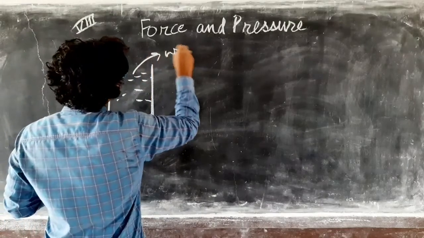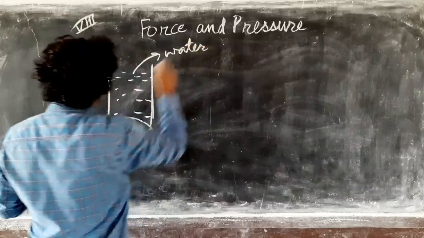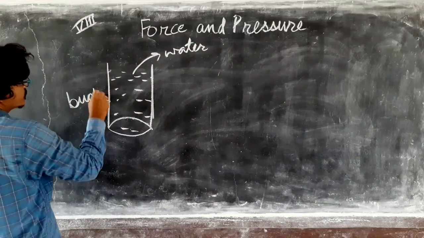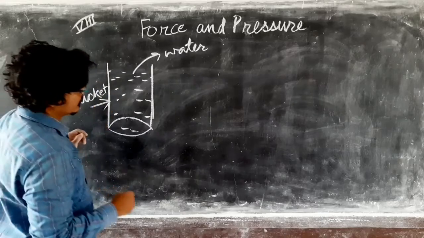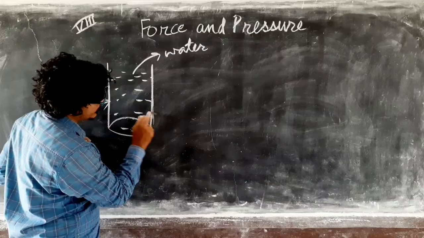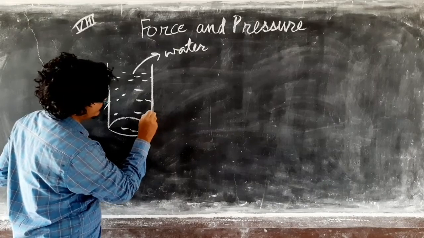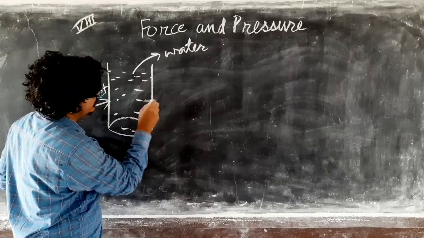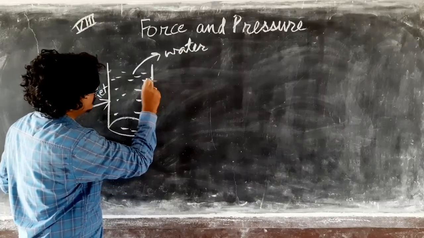This is water and this is the bucket. Now make holes at different levels. Let us make one hole here, a second hole here, and a third hole here.